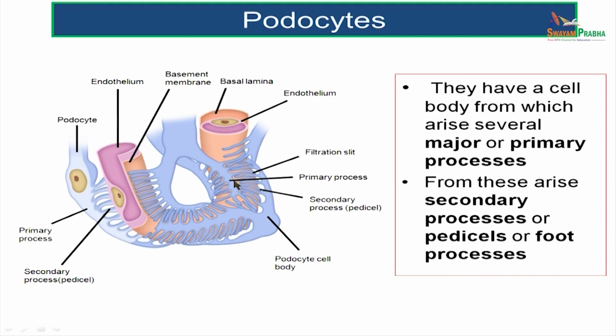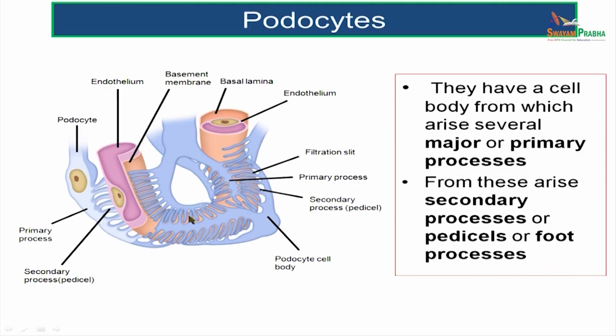So, the podocyte, as I told you, has got a cell body. This is the cell body from which arise major processes, or they are called primary processes. From the primary process, you have secondary process or pedicels or foot processes.